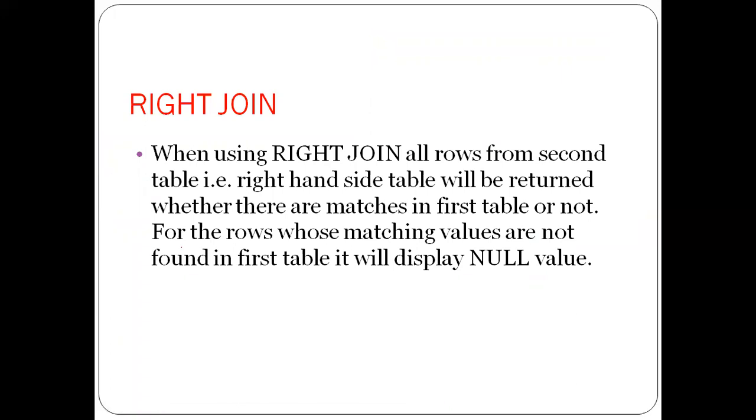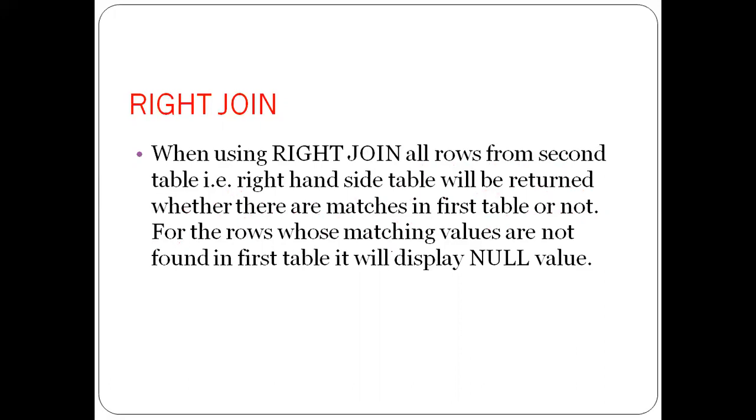Now right join means you can join a value from the right side. Using a right join, all the rows from the second table, the right-hand side table, will be returned whether there is a match in the first table or not.